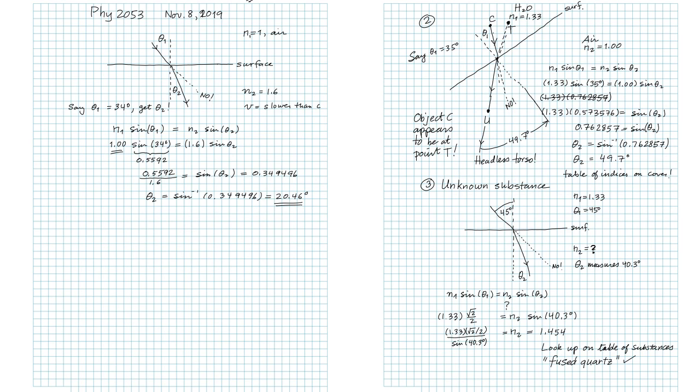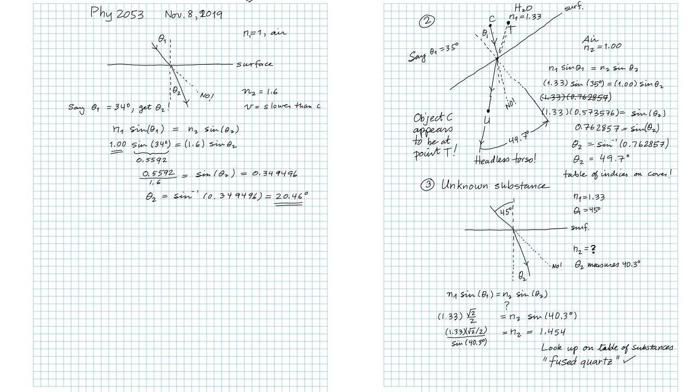Now let's call that capital T. All right. So object C appears to be at point T. And guess what that's like?